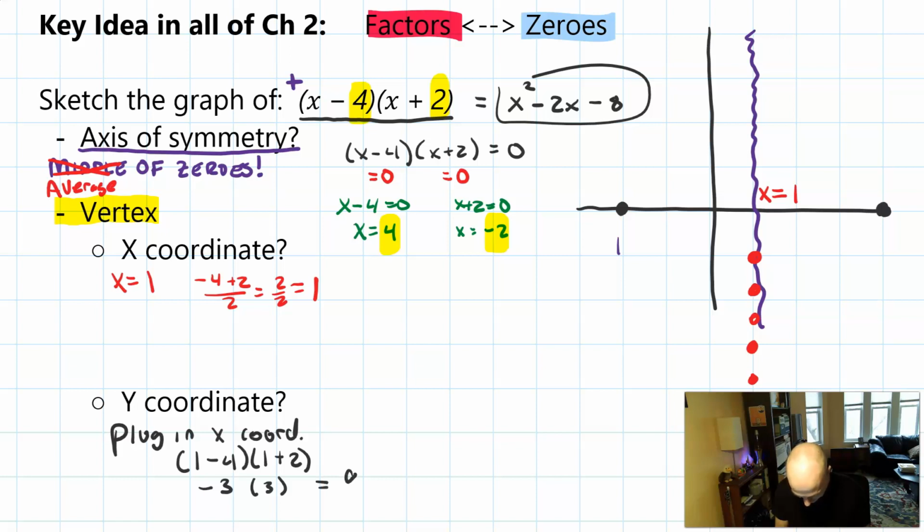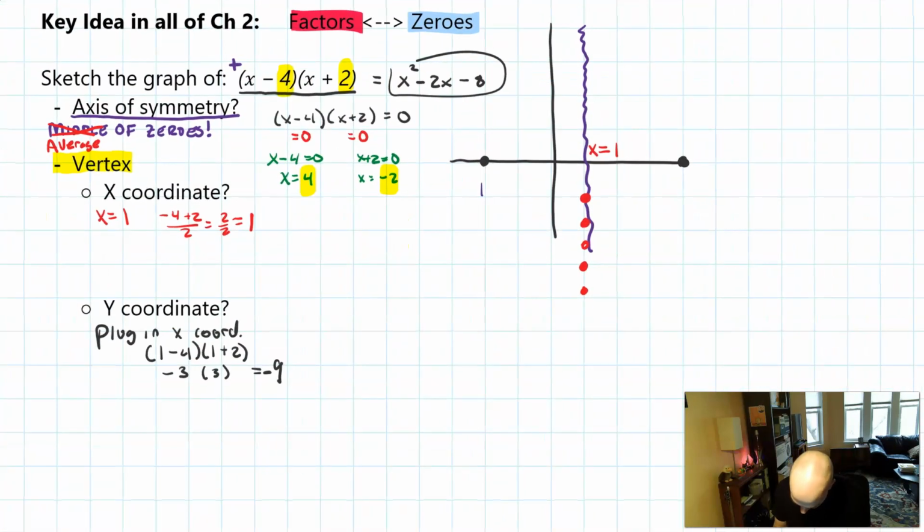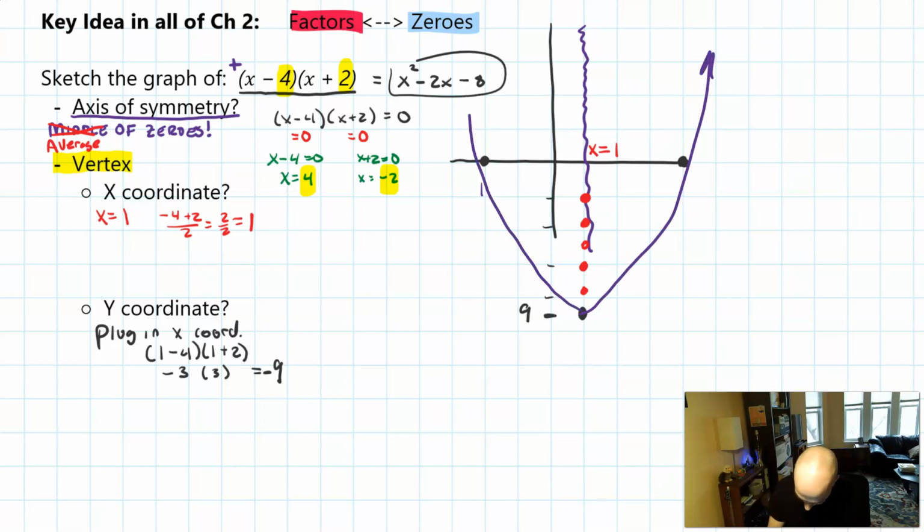So together, we get a y-coordinate of -9. So all the way down here somewhere, 2, 4, 6, 8. I'm going to call this 9 and do kind of a weird scale. I would know my vertex of this quadratic would be right there if I'm going by 2's.